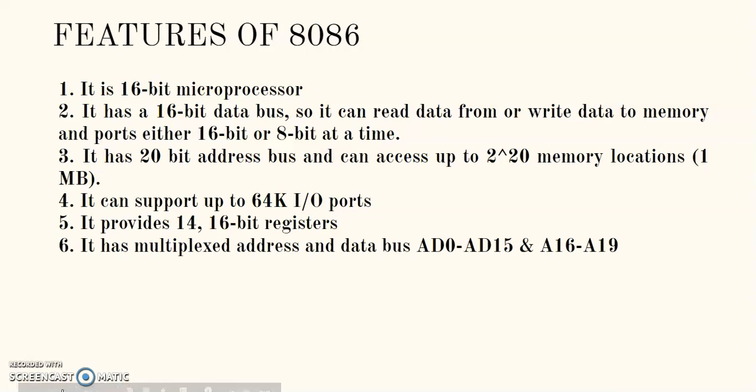Besides that, the address and data bus available in 8086 are multiplexed. That means the same bus or the same pins carry the address for a particular time period in a time cycle, and for the remaining time period it carries the data. This multiplexing allows us to have fewer pins in the IC of 8086.